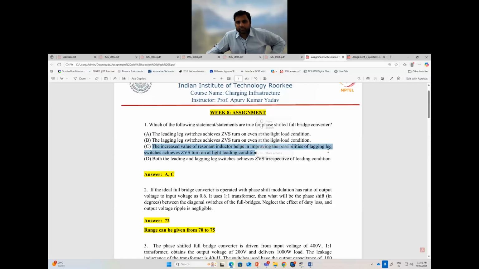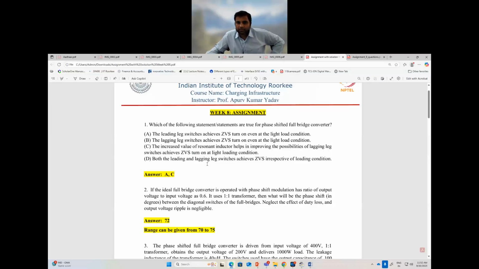Yes, because during the turning on of the lagging switch, it's the L leakage which will come into picture, and that's when we have to ensure that the L leakage is sufficiently large enough such that even at light load condition it has so much energy that it can change the states of the C3 and C4 capacitors, such that the switch which is going to turn on will have its body diode turned on first, and that's when we'll achieve the soft switching of the switch.